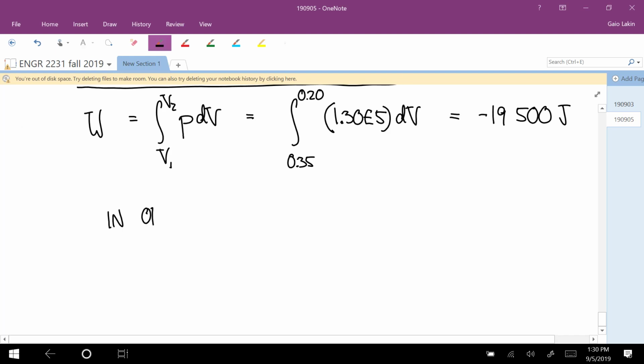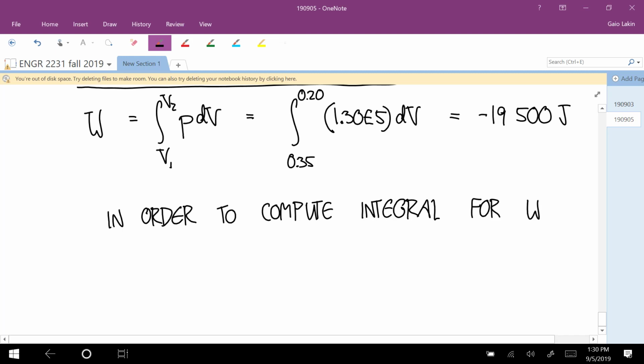So in order to compute this integral for W, we need to have a relationship.